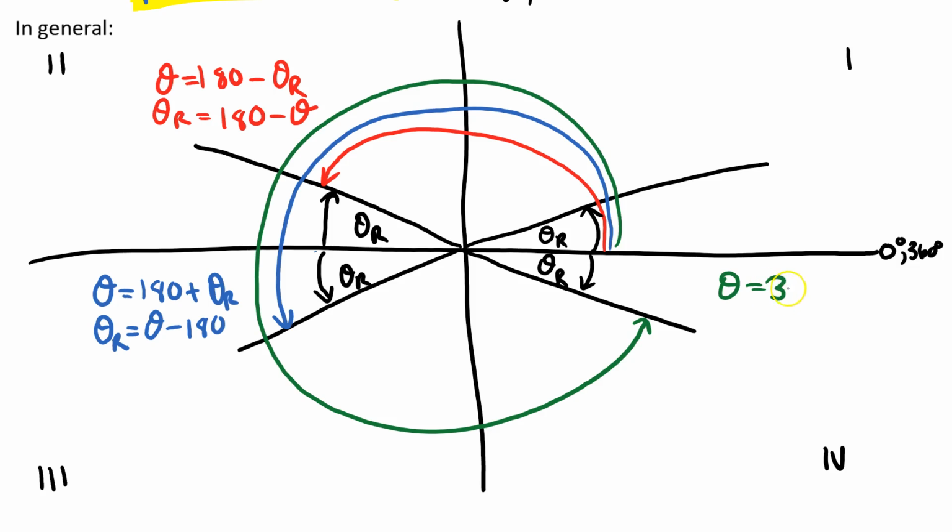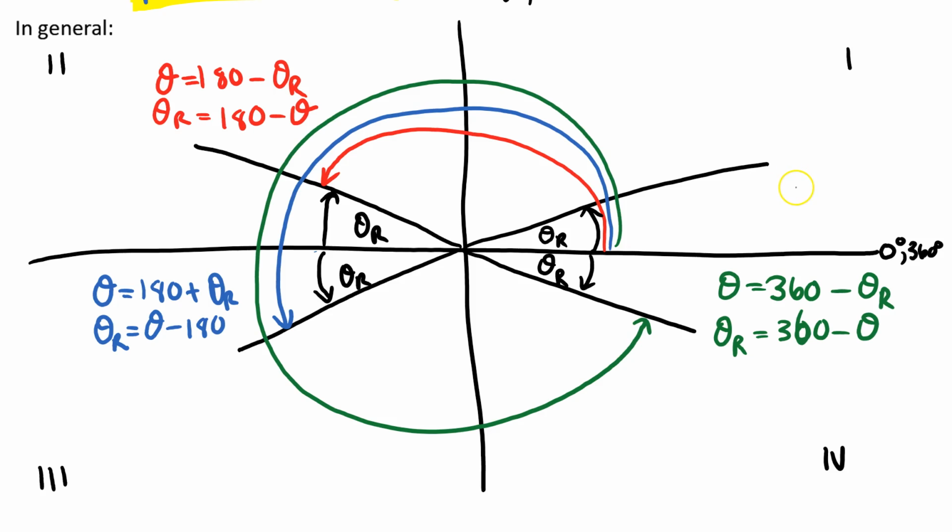Or if you wanted to figure out the reference angle for an angle in the fourth quadrant, you would take 360 and subtract this chunk out of it to figure out the distance between the x-axis and the terminal arm. So 360 minus theta.